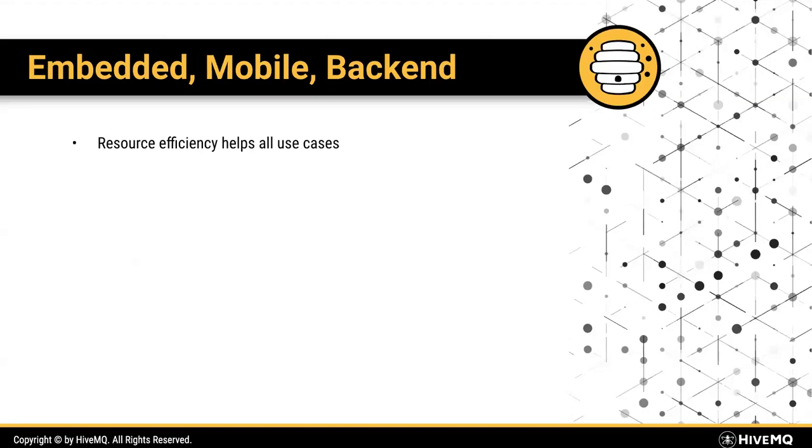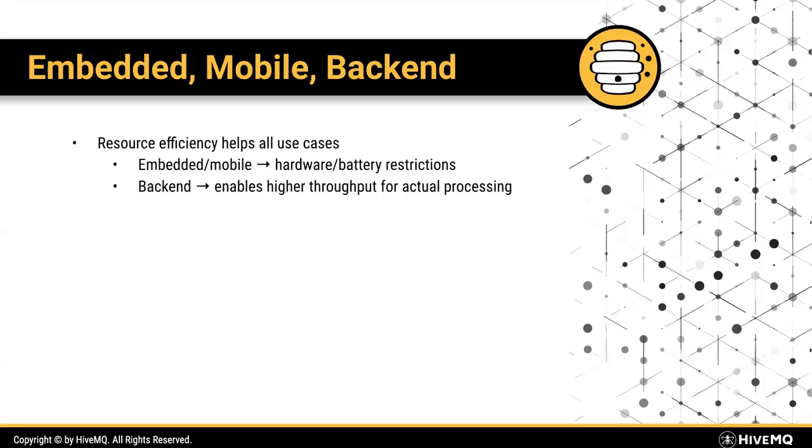The resource efficiency of the library helps in all cases. So embedded, you have restrictions from the hardware and from the network. And backends typically have a higher throughput of messages, and resource efficiency there also helps to improve the throughput.